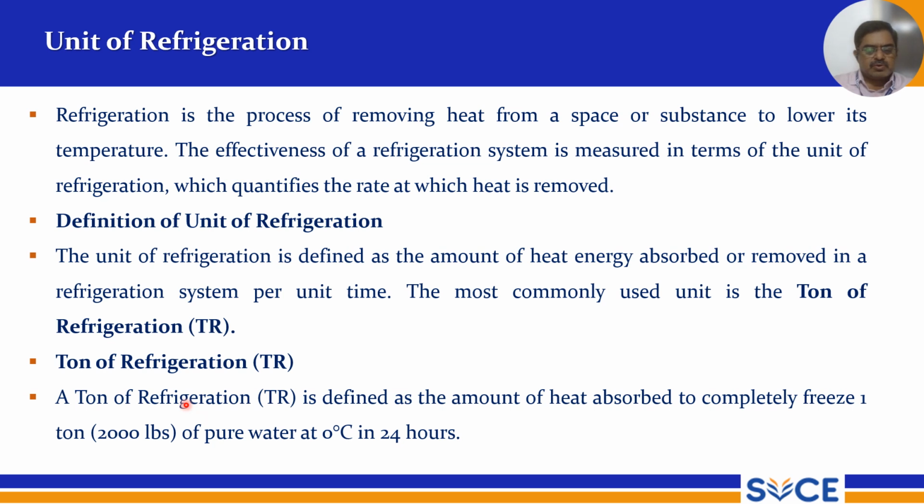We are going to completely freeze 1 ton of water at 0 degrees Celsius in 24 hours. That is known as 1 ton of refrigeration. That is why the 1 ton of water is considered to remove heat in such a way that it should become ice, a solid. So that is 1 ton of refrigeration, students.